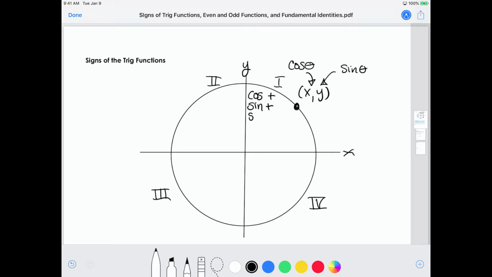Since secant is the reciprocal of cosine, if I have a positive number, which is cosine, and I take the reciprocal, it's still going to be positive. Same thing with cosecant. If I take sine, which is a positive number, and I take the reciprocal, which is cosecant, that's going to give me a positive value. Tangent is when I take sine over cosine.